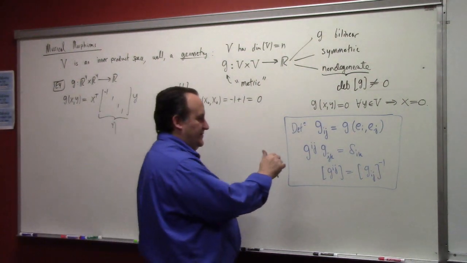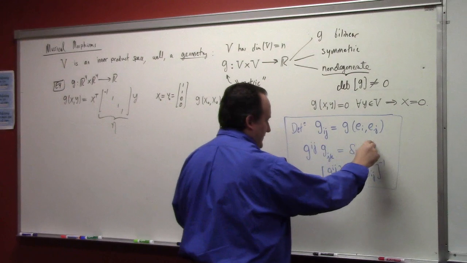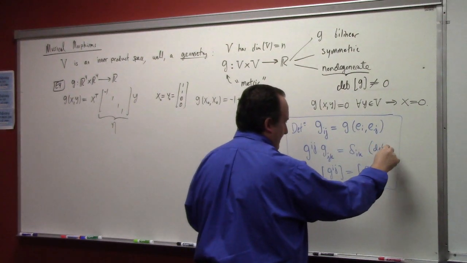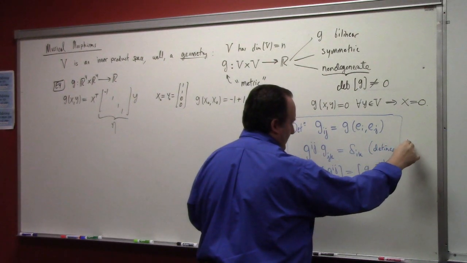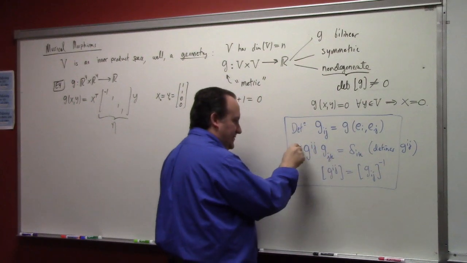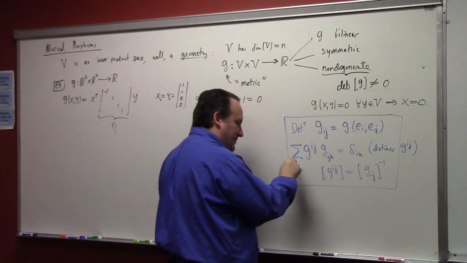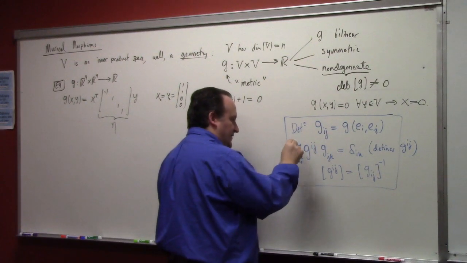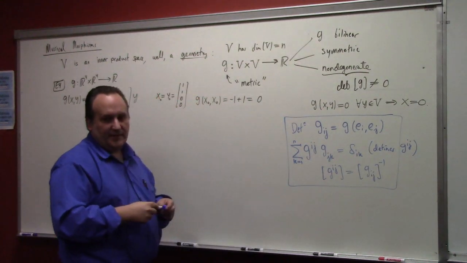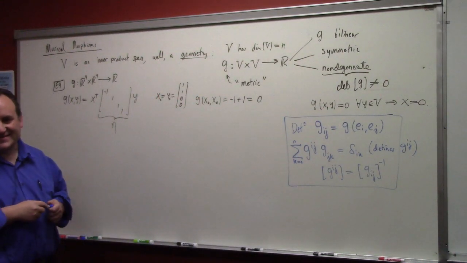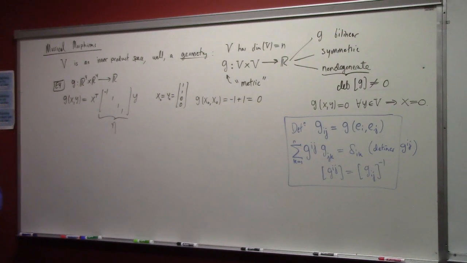So this defines g upper ij, and I'm missing a sum. Sorry, my bad. It's my Einstein summation notation showing through. I do try to not do that in here. The Einstein convention is that repeated up-down indices are summed over, but I do put the sums in.